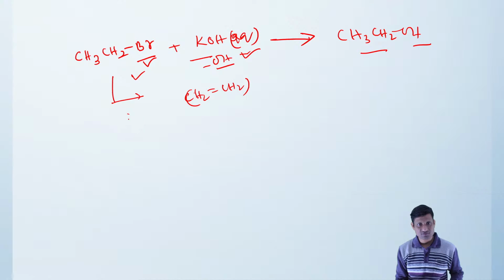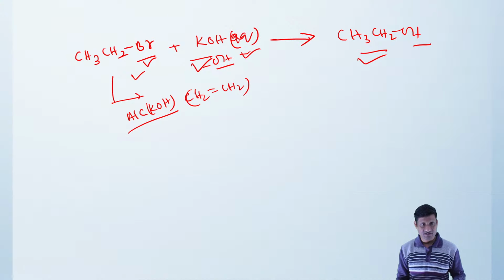So this is if you take alcoholic KOH. But if you take aqueous KOH, you will get the alcohol. So this is very important. Just use the same reagent, but instead of aqueous solution, if you take the alcoholic solution, you will have a different product.